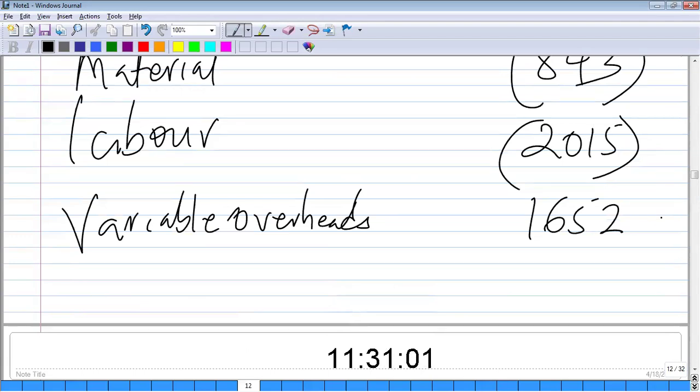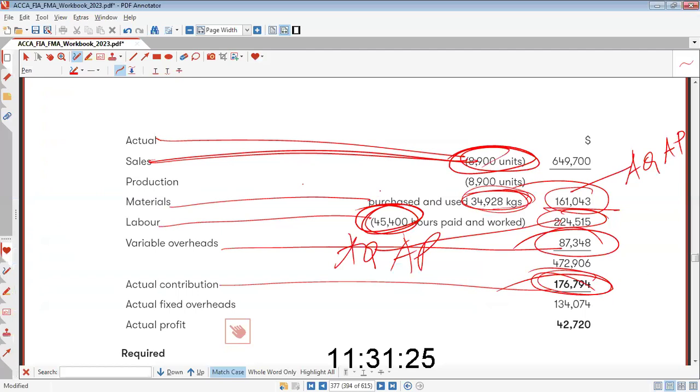What do we get? 176,794. Is it what we have? Yes. So we have now explained it.